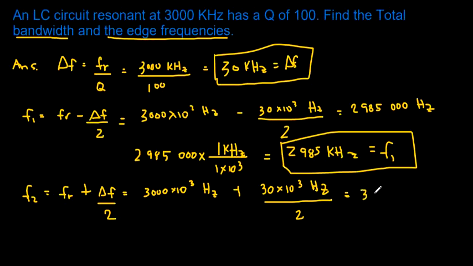Okay, so ang ibibigay na sagot sa inyo after na ma-input mo yun sa calculator ay 3,015,000. Okay? So convert natin sa kilohertz. So 1 kilohertz over 1 times 10 raised to 3. Okay? So ang sagot niyan is 3,015 kilohertz.